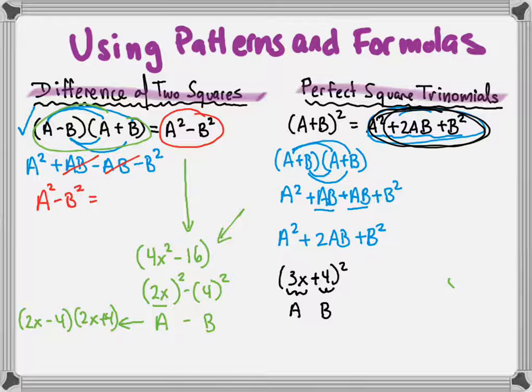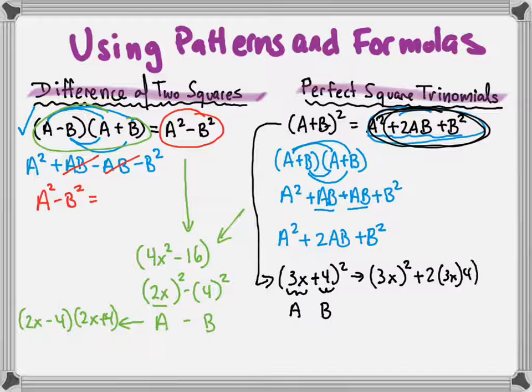Okay? So let's do that using the pattern. This says that a plus b squared, which is a similar situation to this, is going to equal a squared, which is 3x squared, plus 2 times a, which is 3x, times b, which is 4.